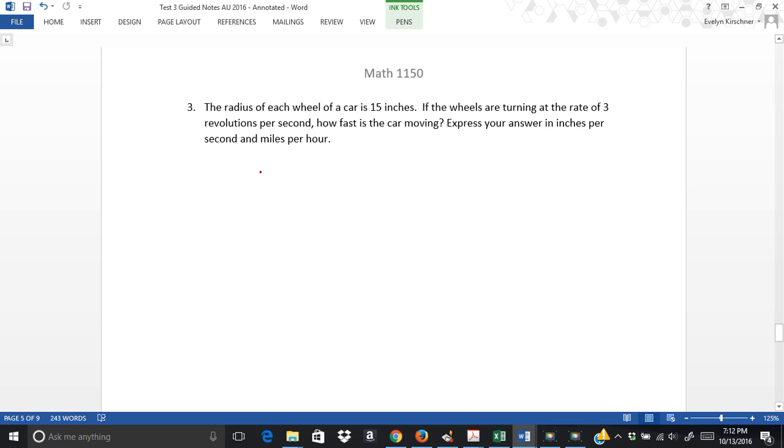My last example is I have a car wheel with a radius of 15 inches, and it's 3 revolutions per second, and I want to know how fast the car is moving. So that's v again, and I know my omega is 3 revolutions per second times 2 pi, so I have 6 pi radians per second.